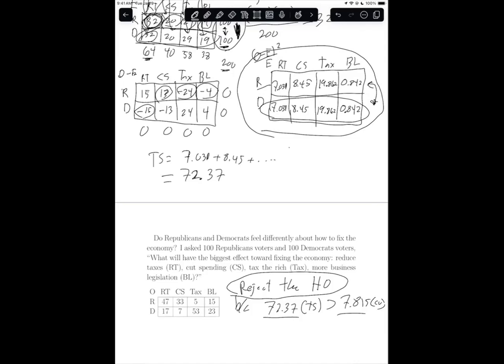And so this is why when you're calculating the test statistic, we cannot skip the O minus E table. And so when I look at this, this is my largest O minus E value, and this is my next largest O minus E value. And so we're going to use those to make our interpretation.